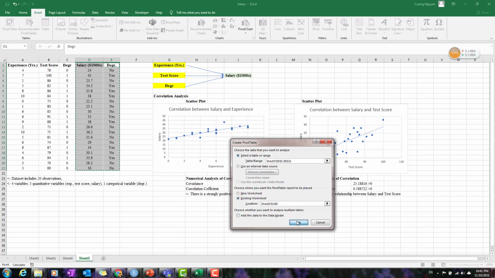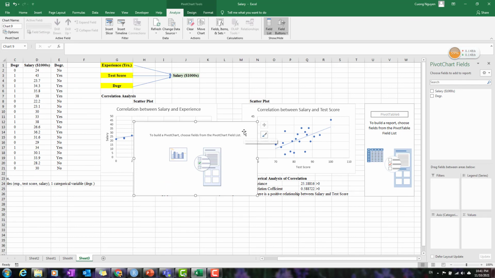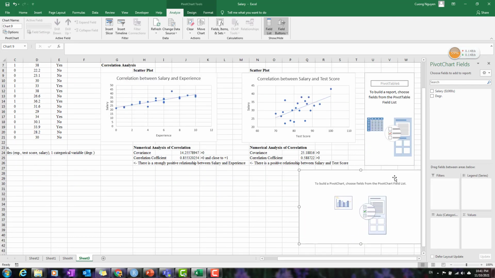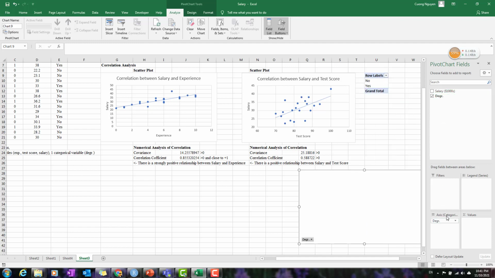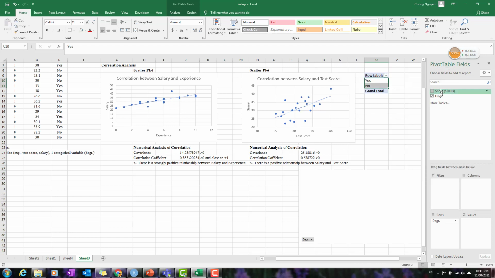Okay, this is the graph, and this is the pivot table. I put yes or no on the axis for the degree, move it up a little bit, and this looks much better now.